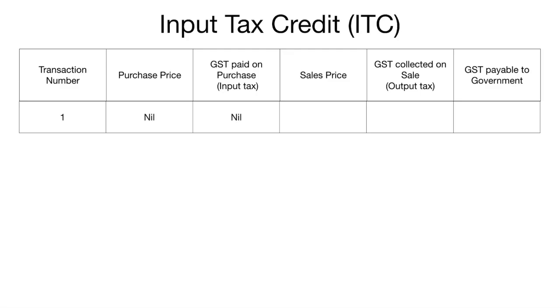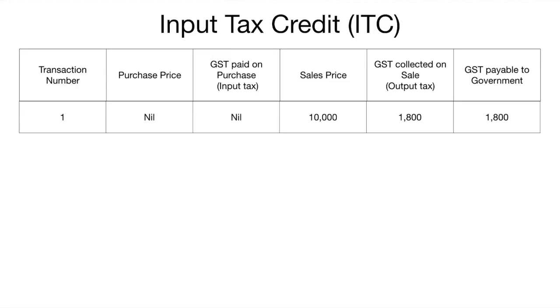Transaction 1. There is no purchase price for Gopal. So nil in the purchase price column. No purchase, so no GST paid on purchase. So nil. Sale price 10,000. GST collected by Gopal on sale is 1,800.